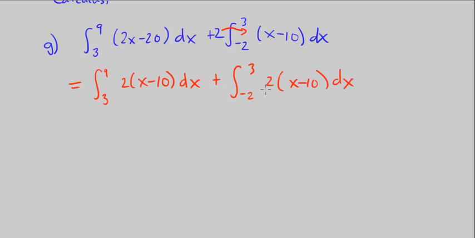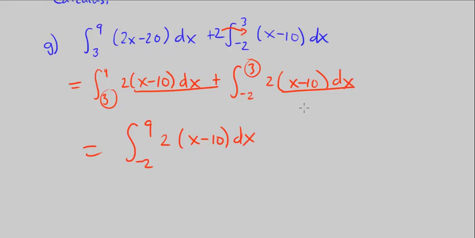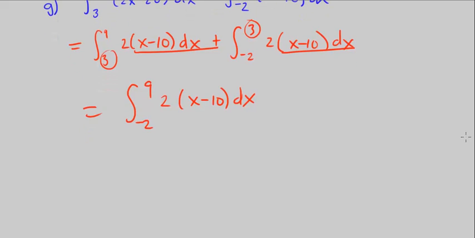Now I have the same thing here, right? Remember, whatever my curve looks like, I'm going from -2 to 3 here, and 3 to 9 here, and these are the same, so I can go ahead, since these are the same, and combine these to be from -2 to 9 of 2 times x minus 10 dx. And it's going to be the same thing as if I did them separately, so you can do them separately. Okay? And I'm going to bring this 2 out again. Doesn't really matter.